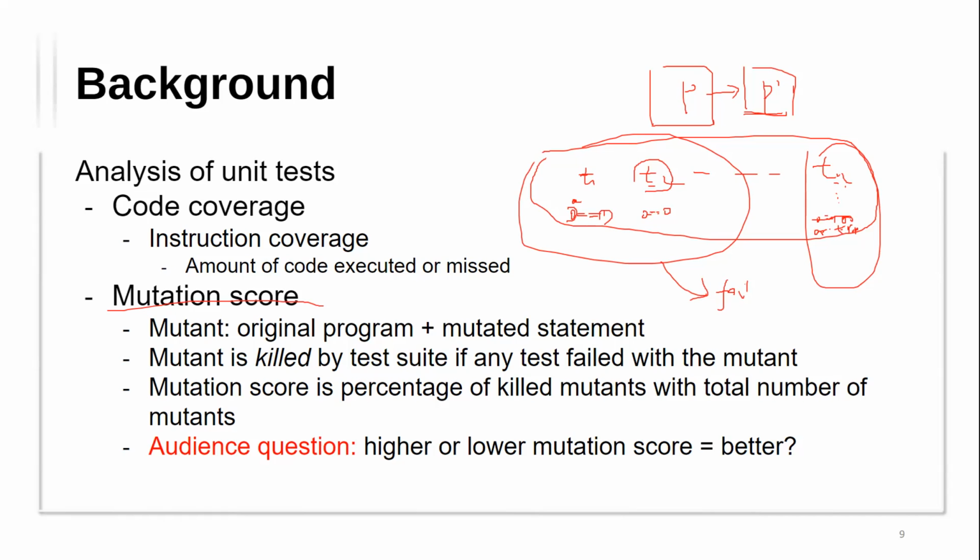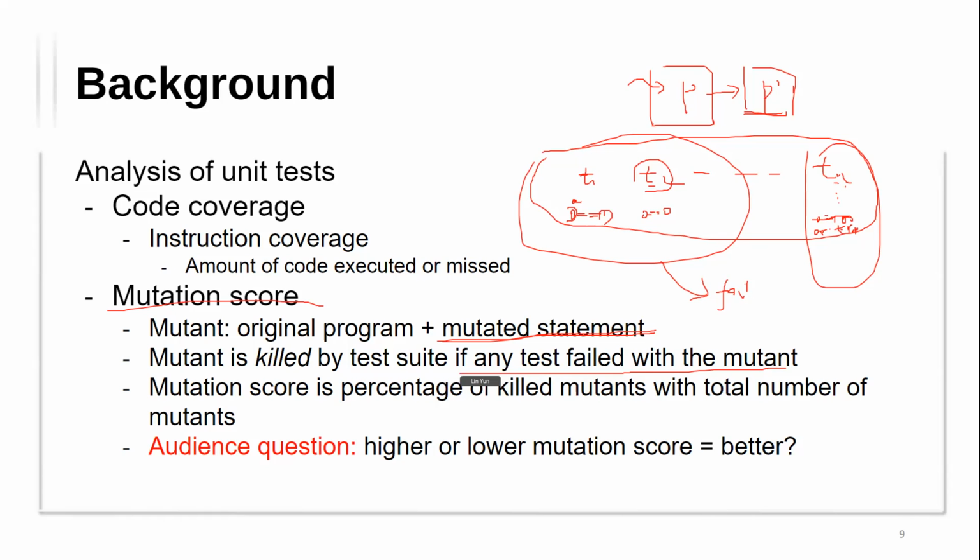When we want to calculate the mutation score, the idea is that inside P, we randomly mutate or change a few statements, and this changed statement is called the mutated statement. Once we make such mutations, we transform P into P prime and observe how many test cases will be killed, meaning how many tests fail with the mutations.